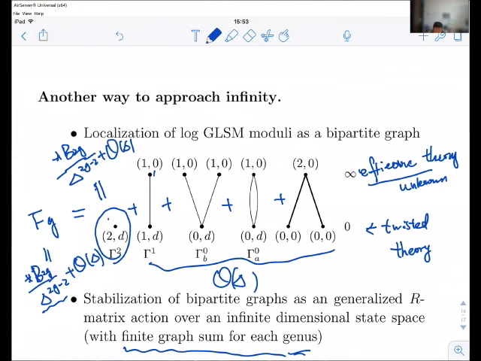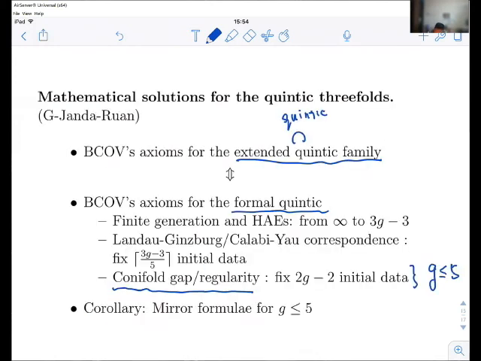In fact, this structure is very amazing for me because I did not even expect this result. The reason is that here, we write down this quintic theory in terms of some formal theory summation. But if you think about a general Calabi-Yau threefold, you will find that the formal theory does not even exist in general. Sorry, I didn't tell you the definition of the formal theory, but it's some very special equivariant theory.